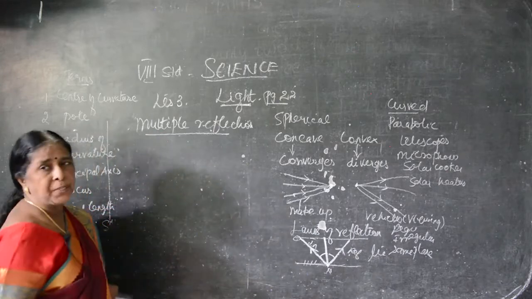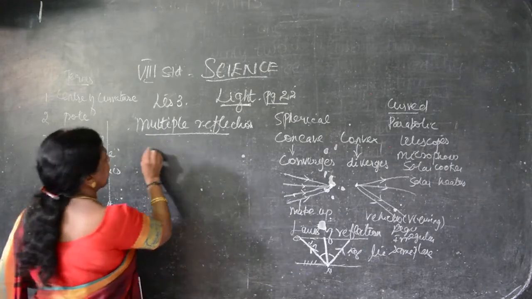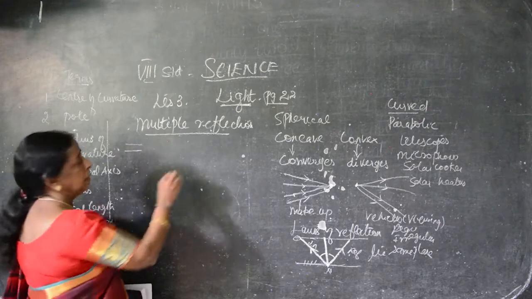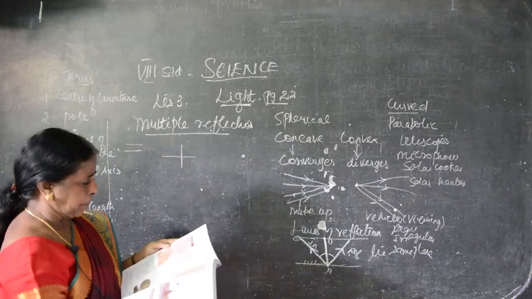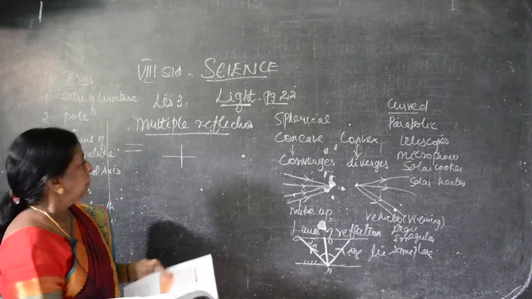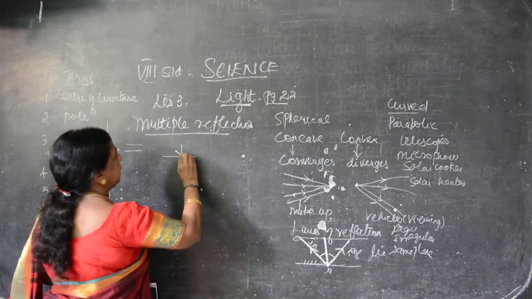So two mirrors you have taken. This is parallel, this is perpendicular. You are keeping two mirrors in a perpendicular direction. Place an object in between them. So we are keeping the object here.